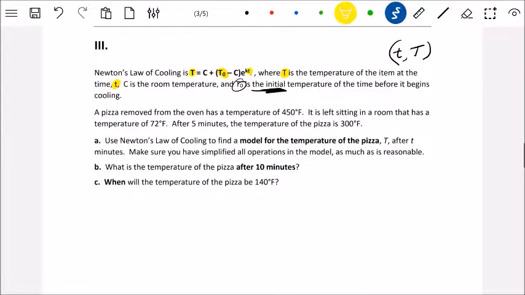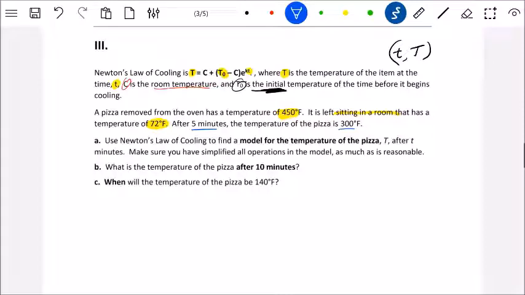So here we have a problem with some information. Pizza removed from the oven has a temperature of 450 degrees. And it's sitting in a room that has a temperature of 72 degrees. That, by the way, is the C, the room temperature. After 5 minutes, the temperature of the pizza is down there.